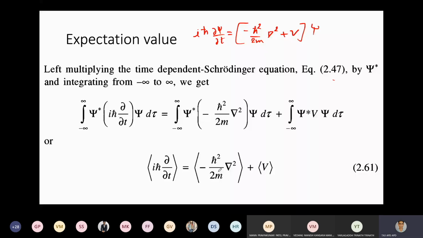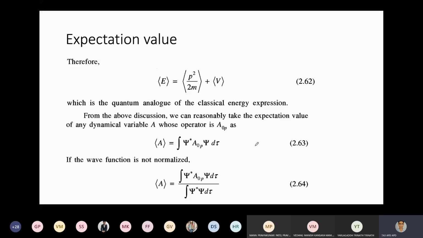Now if we compare this with the classical expression, what will happen? Which operator is this? This is your energy operator. Okay, this is equal to momentum p square by 2m plus your potential V. So what we are having is the energy expectation value, which is simply the sum of your expectation value of the kinetic energy plus the expectation value of the potential energy. So this is nothing but the quantum analog of the classical energy expression. Okay, this is your quantum analog.